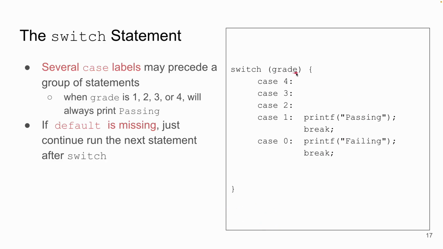For example, if the grade is the value 5, then we don't have a case for value 5, right? So the switch will just jump out from the switch and then continue to run any other statement we put here.